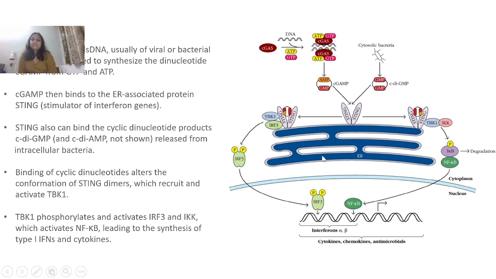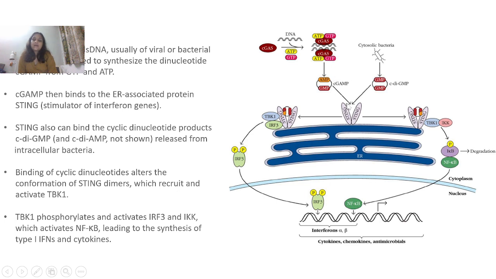So here you can see the signaling. Here you can see cGAS in the cytosol. It binds to double-stranded DNA, either of viral or bacterial origin. Then it gets activated to form cGAMP. Here you can see there is an exchange of AMP to GMP and it is forming cGAMP.